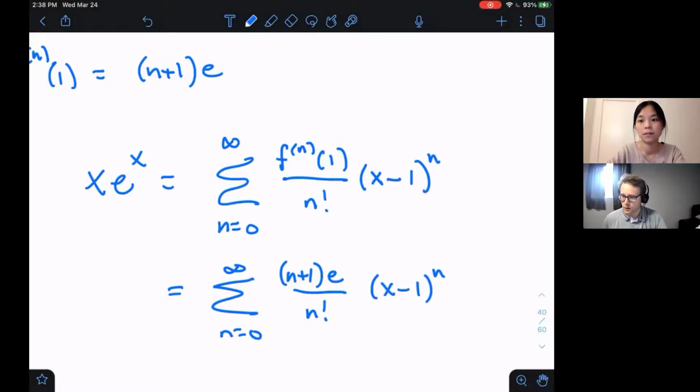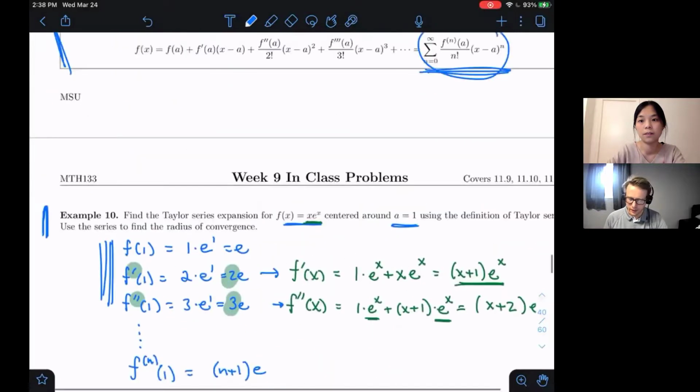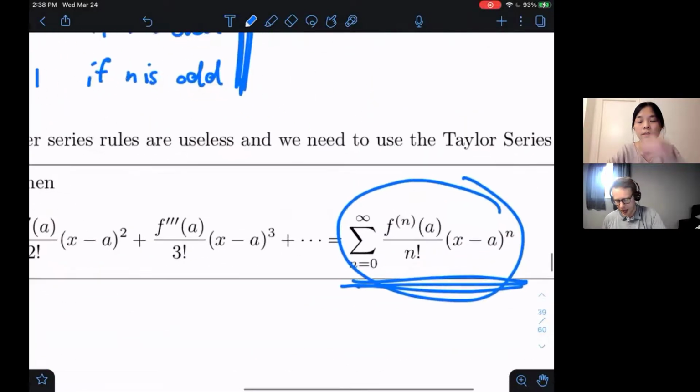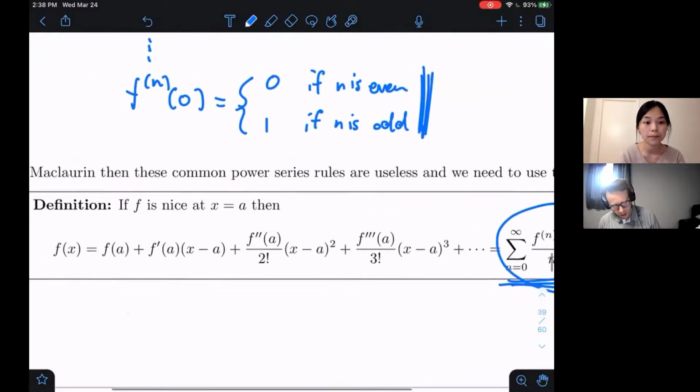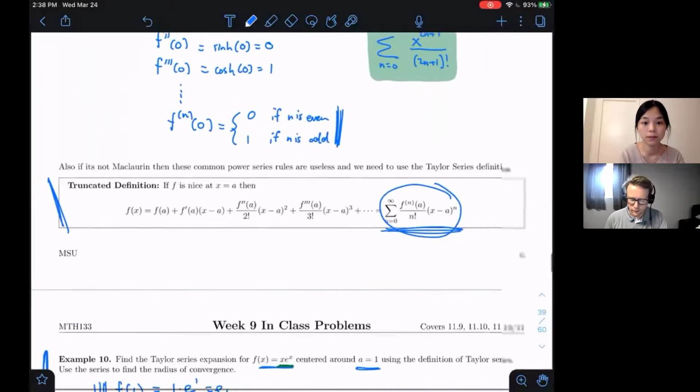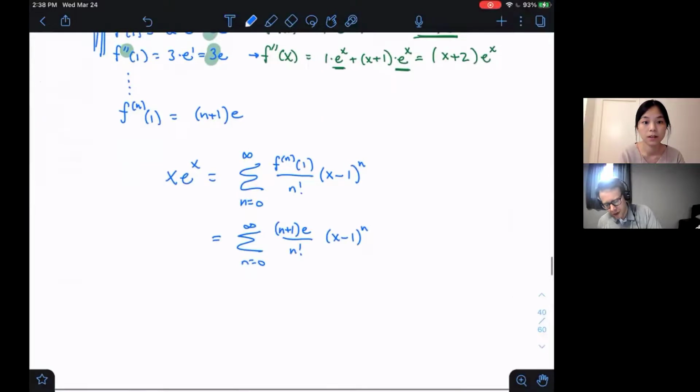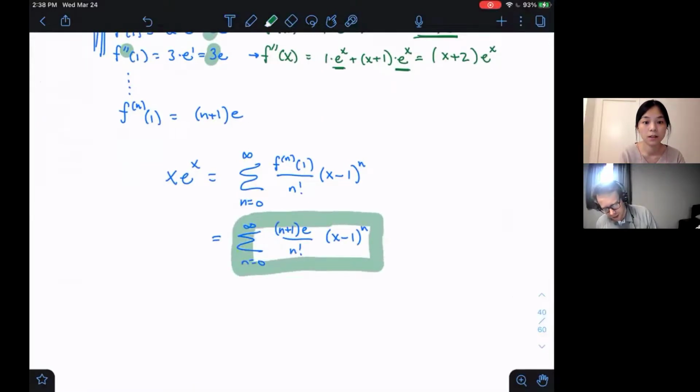And of course, if you wanted to see exactly what this Taylor series looks like, you would just start plugging in n equals 0, n equals 1, n equals 2, and you would get all of these pieces here. So this right here would be my final answer for the Taylor series for this thing centered at 1.